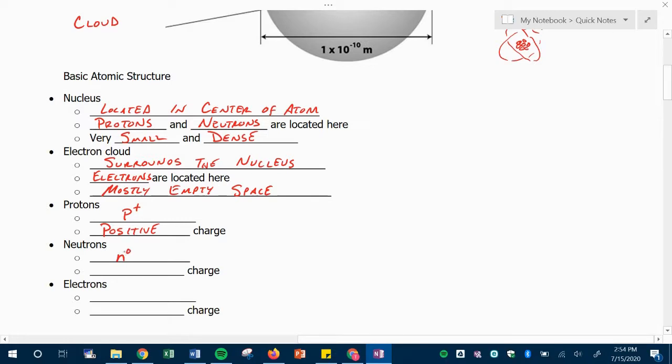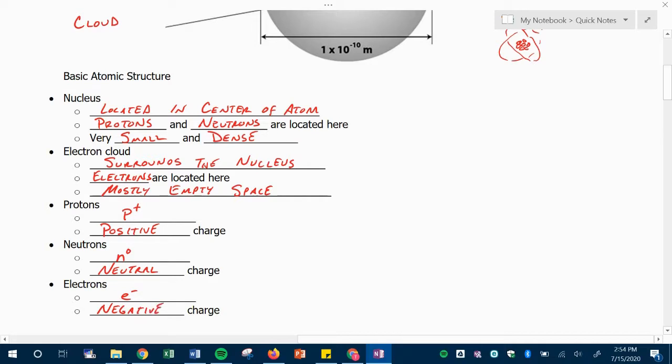N for neutron, and then 0, indicating that neutrons themselves are a neutral charge, or they don't have a charge at all. And then finally, the last little bit is our electrons, and our way of writing electrons is E minus. And so if you had to guess, that does mean that our electrons are the negative charges.